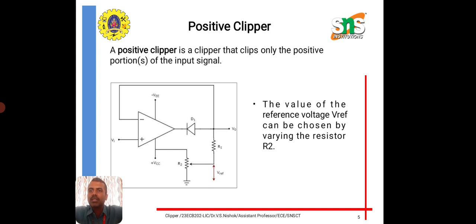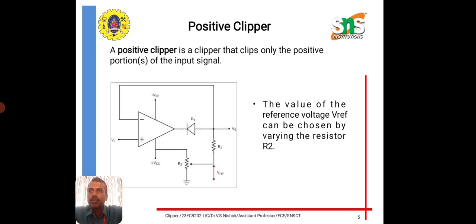Then we connect the reference voltage to the negative input terminal of the operational amplifier. In this circuit, V reference can be chosen by varying the value of the resistor R2.